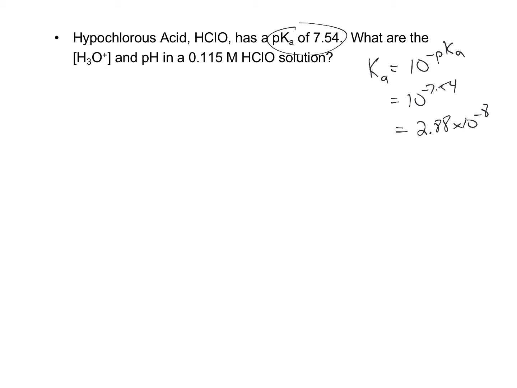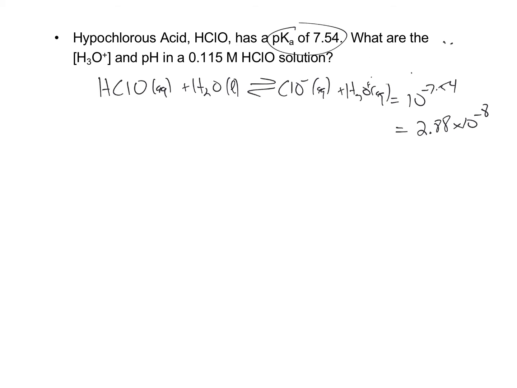All right, we set up the ice table in the last problem, but let's go ahead and do it again more formally. So we have, now we know our acid, so we'll call it HClO. It will react with water to form the hypochlorite ion and the hydronium ion. I'm going to go ahead and erase that Ka work to give us a little bit more room. I'll rewrite the equilibrium constant.